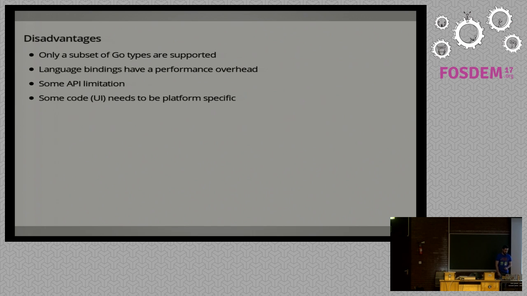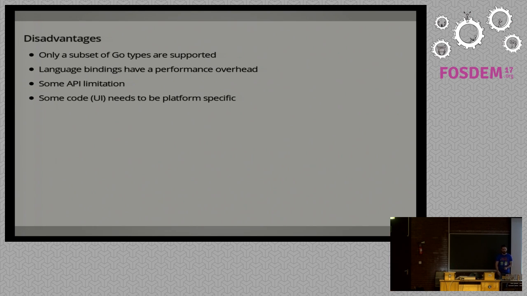The disadvantage is that only a small subset of Go types are supported, for example, unsigned integers. Language binding has a small overhead, and there are some API limitations. For example, a function could return none, one, or two results.